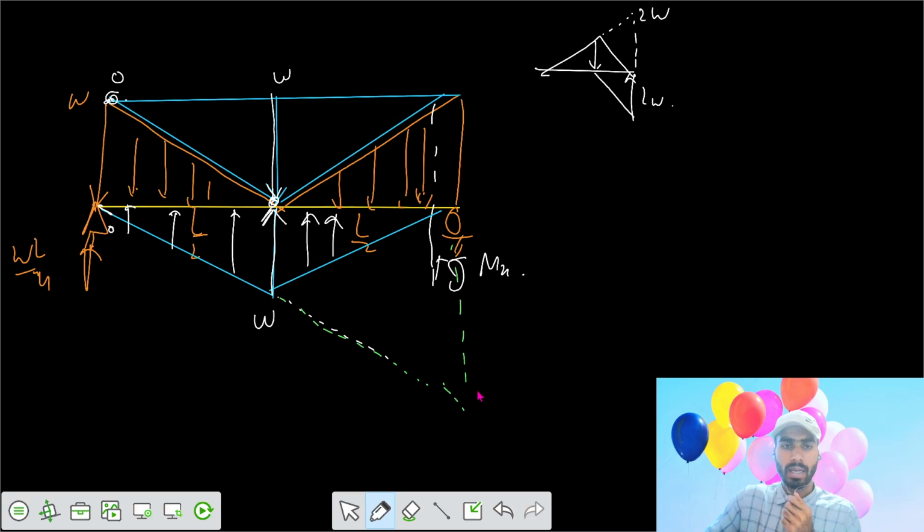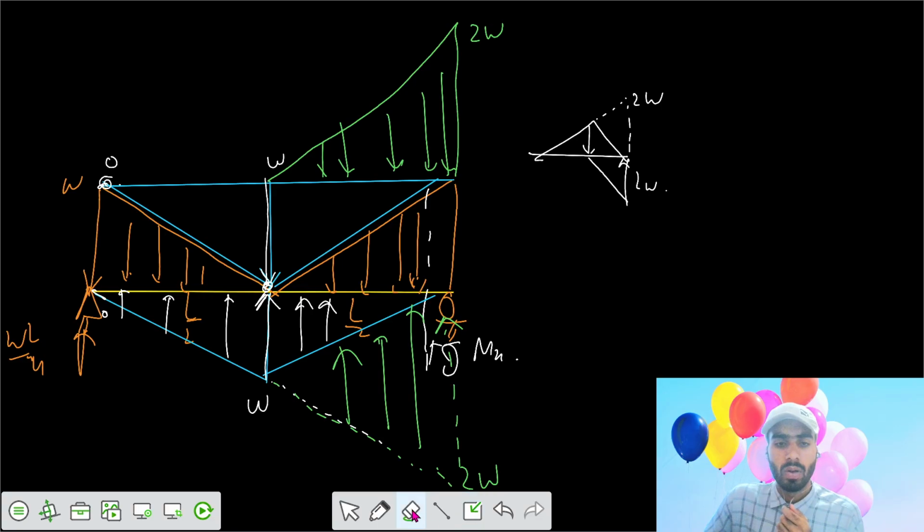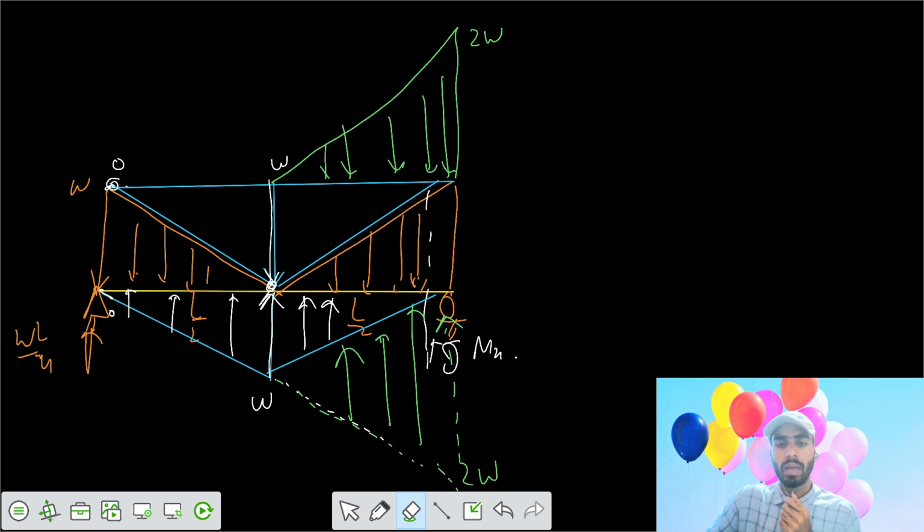So we are applying 2W here, and the loading here is upwards 2W. Similarly, we have to subtract it. So we apply 2W here and 0 here, acting downwards. Now the loading became continuous.